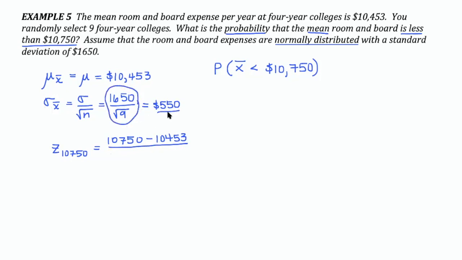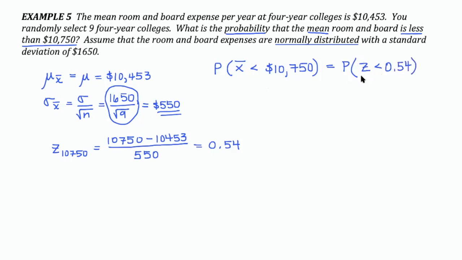We can use what it's equivalent to because it's an exact value. If you type that in, you're going to get a z-score of 0.54. We're going to take 2 decimal places to use our standard normal table. The probability we're looking for is equivalent to the probability of a z-score being less than 0.54.